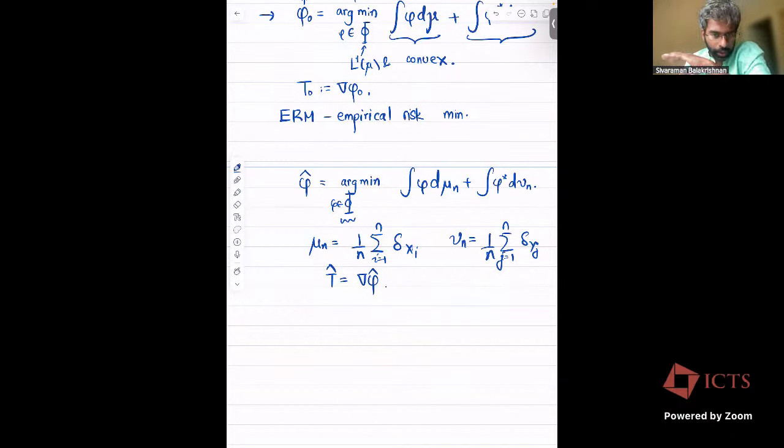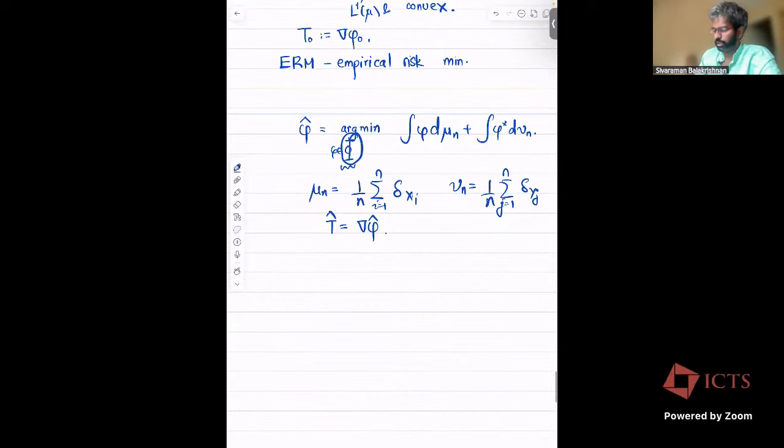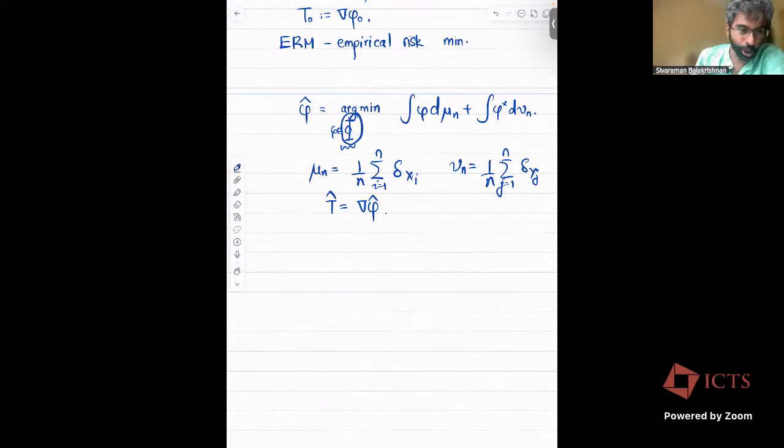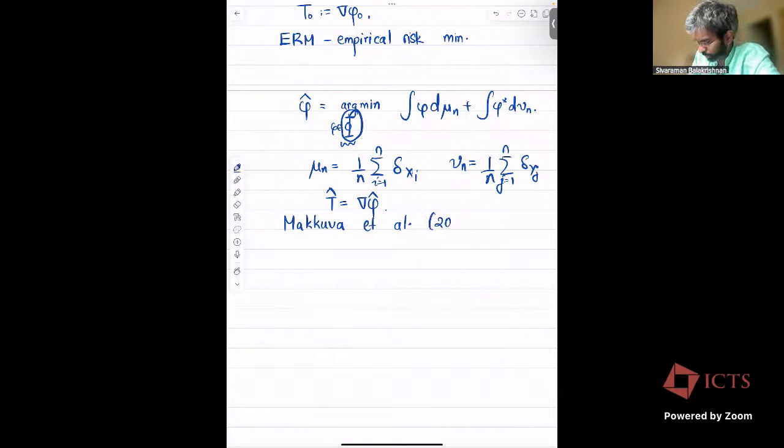Without saying any more, one can ask, can I analyze this estimator for somehow reasonable choices of this function class? We'll get to some things of this form. But let me also say, in practice, this is one of the dominant ways that people do it. This maybe originally comes from a paper from maybe 2020.